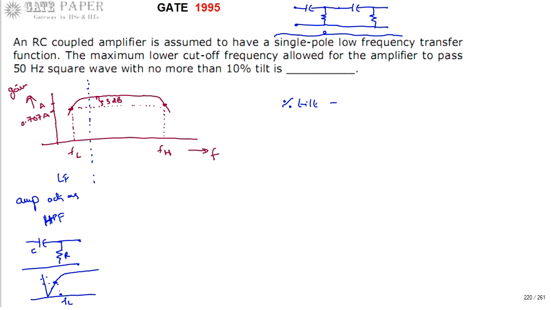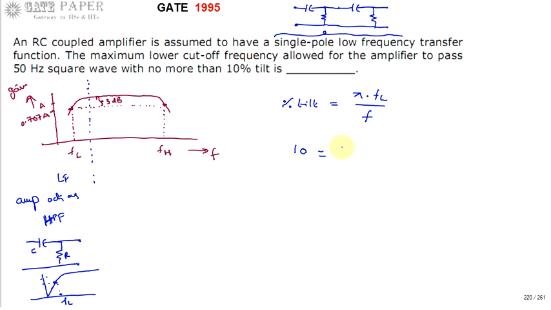Percentage tilt at low frequencies is calculated with pi times FL by F. Here we are interested in F equal to 50, such that we can calculate FL. Given F is equal to 50 and percentage tilt is 10, you should not take it as 0.1. The equation itself says percentage tilt, so you must express it in terms of percentage only.